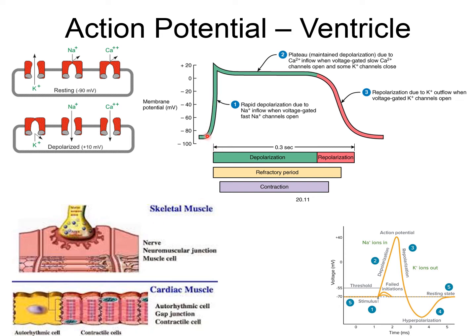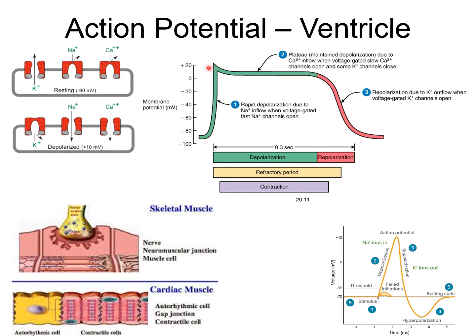So this cell is called depolarized now, because it is going from minus 90 millivolt, a larger magnitude, toward plus 20 millivolt. It will pass through 0 and then stay at plus 20 millivolt. Why does it stay at plus 20 millivolt?